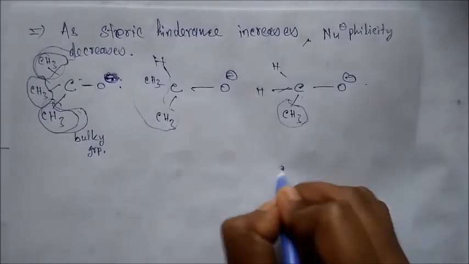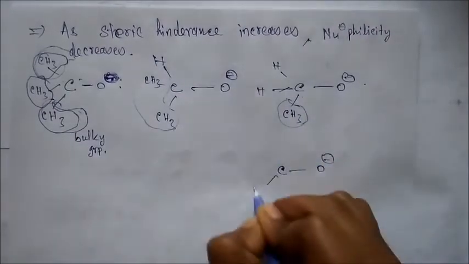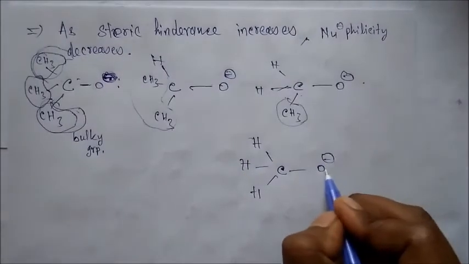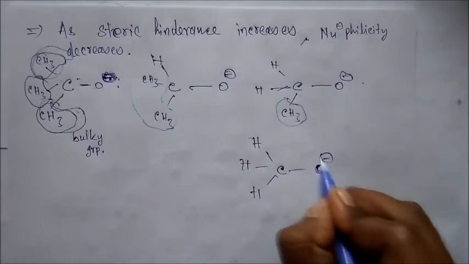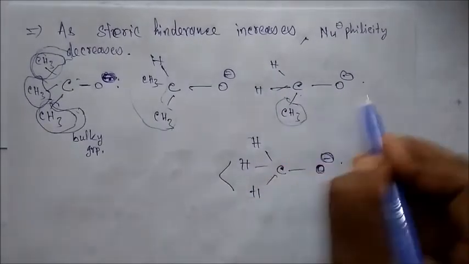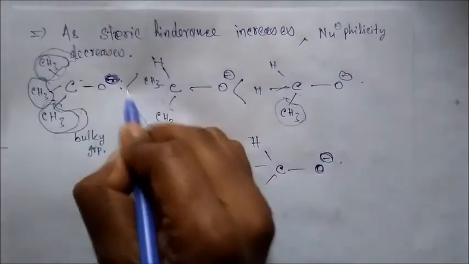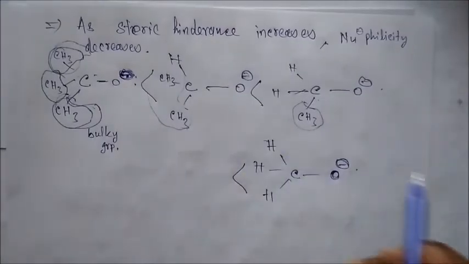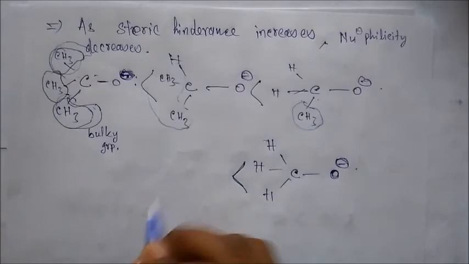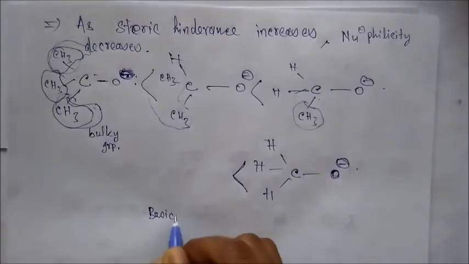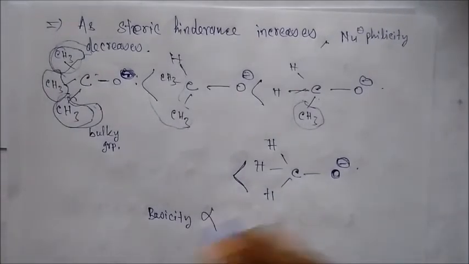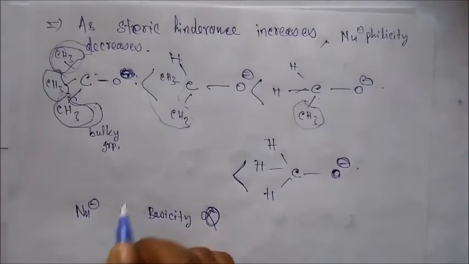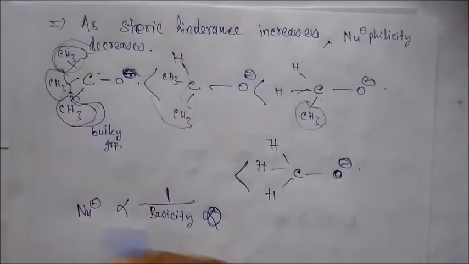In the last case, if we take this O minus with 3 hydrogens attached to it, this one can easily give its electron. So the nucleophilicity here will be in this order, but the basicity was in the reverse way, as we have seen earlier. So nucleophilicity is inversely proportional to basicity.